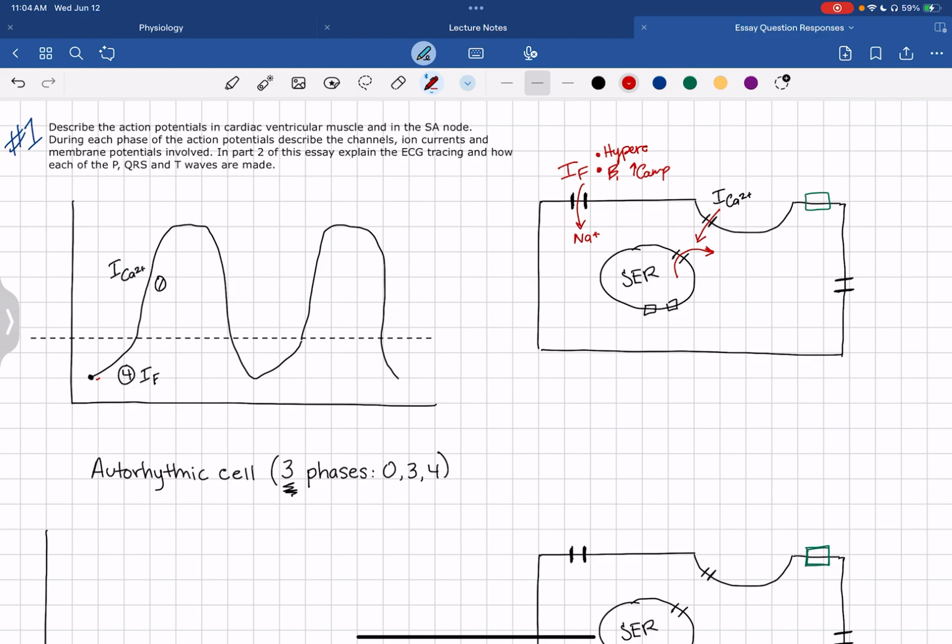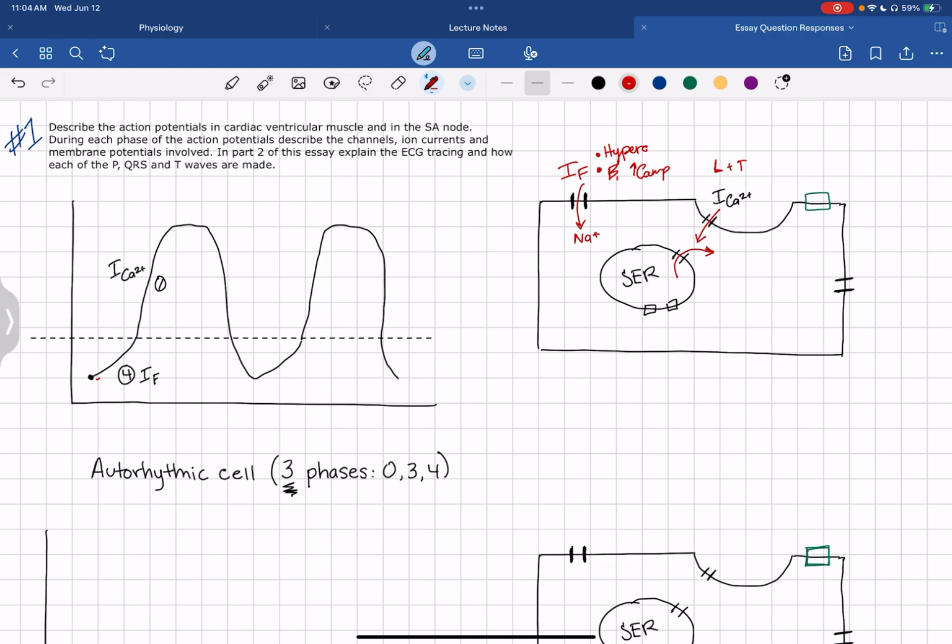This will cause rapid depolarization of the cell. As we can see in our chart here, we've got this rapid depolarization. And there are also long-lasting and transient, so we have L-type and T-type channels.